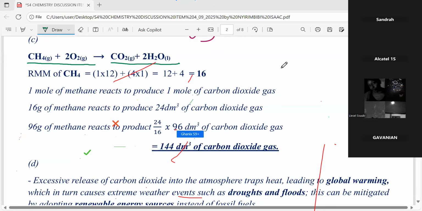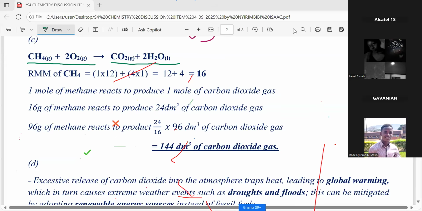Those people writing on our screen should stop. Okay, good. I believe they will not disturb us again.